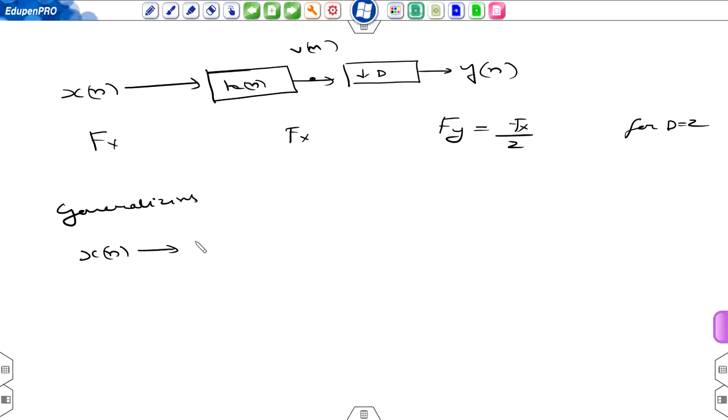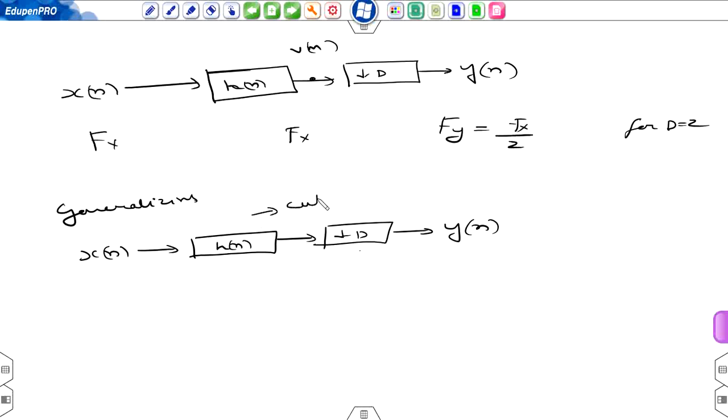Realizing, x[n] will be given to a filter h[n], and it will be given to a downsampler D producing output y[n], and the cutoff frequency of h[n] will be π/D radians, because the spectrum of x[n] will be spread by a factor of D. So from this point onwards we want the value of X of omega to be 0.